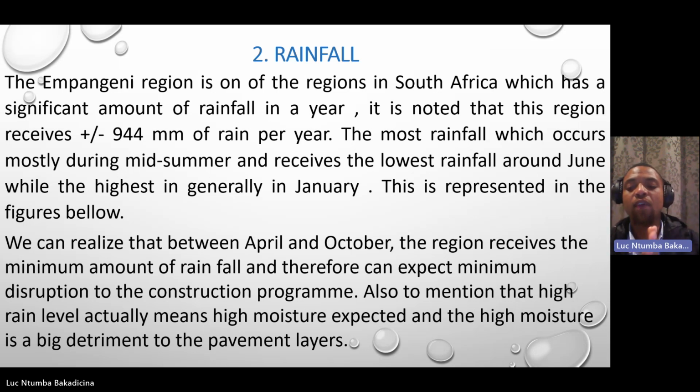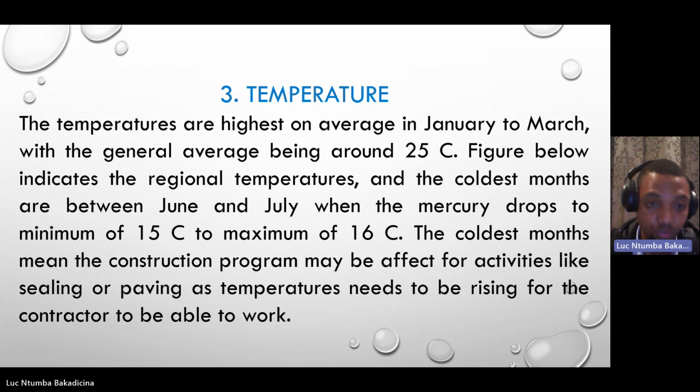During that period, we have a limited amount of rainfall, but during the summer period, the rain is very heavy in the region. In terms of temperature, the temperatures are highest on average between January and March, which is during summer.